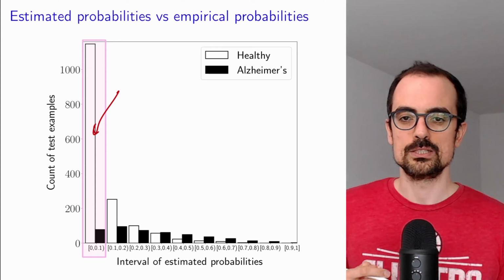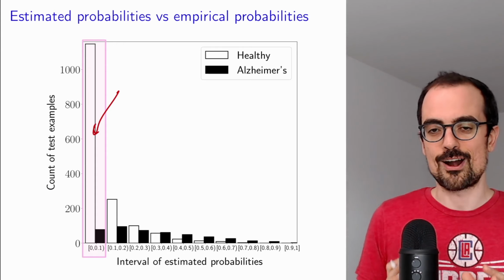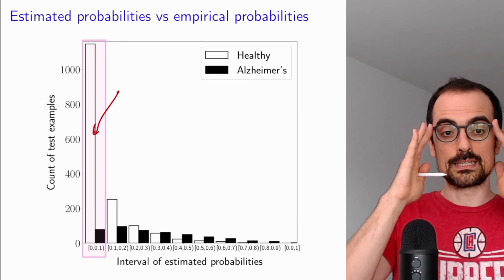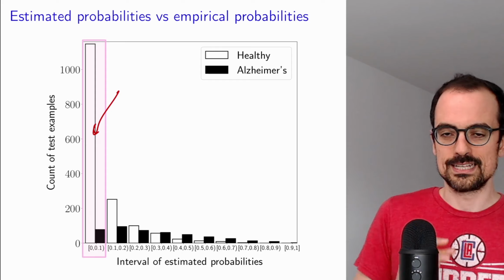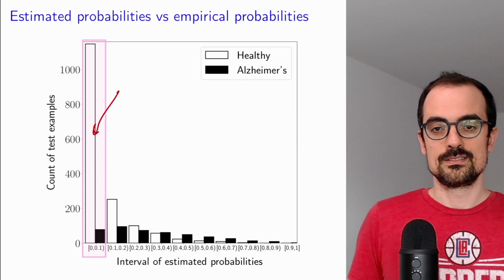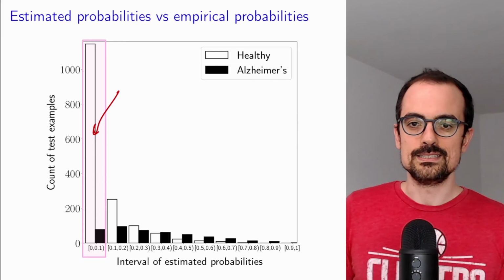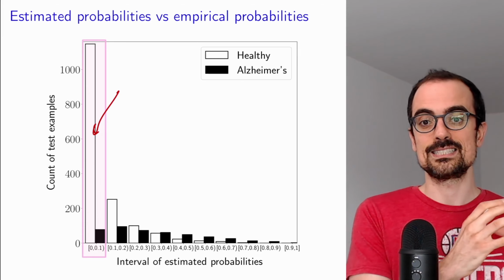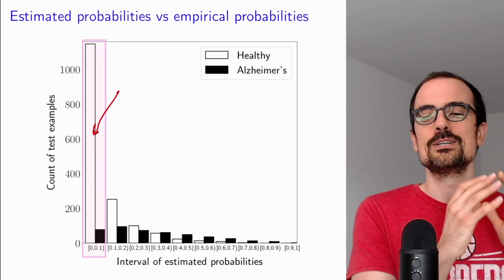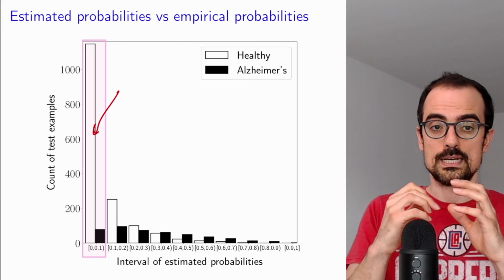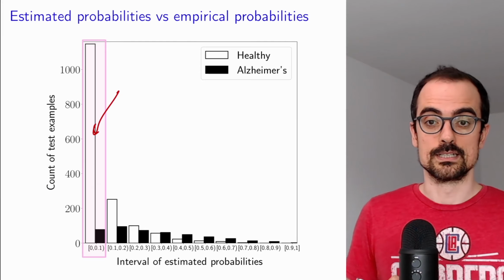Their probabilities are between 0 and 10%, so hopefully the fraction of people that have Alzheimer's is between 0 and 10%. We can say it should be around 5%. If we imagine that these bins are small enough, we can compare the empirical probability in that group of patients, who have estimated probability around 5%, to 5%.